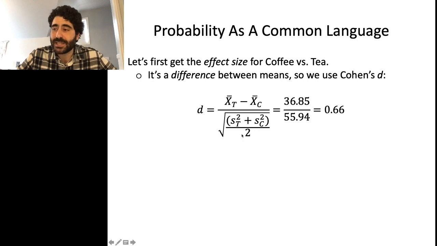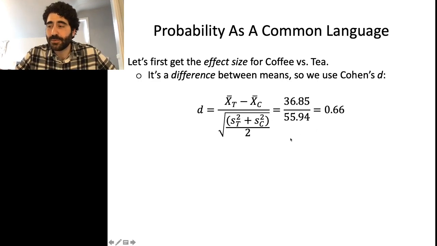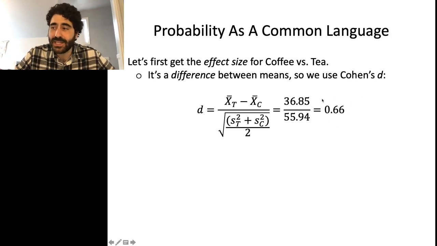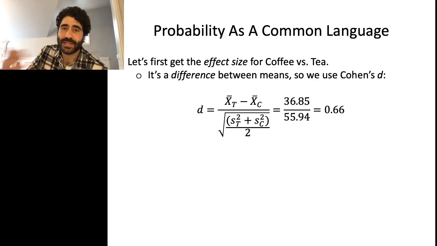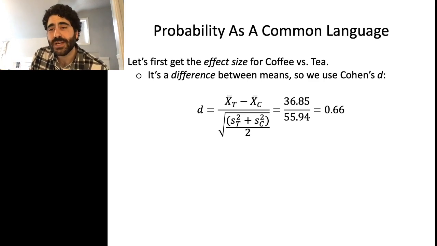To get a pooled standard deviation, we take the variances inside the two groups, average those variances, and then take the square root. So our pooled standard deviation estimate is like 56 seconds. And so this is 37 seconds divided by 56 seconds, and we end up with this unitless d of 0.66. What this is saying is that the difference between the groups, the speed up that we got in the coffee group versus the tea group, is about 2/3 of a standard deviation.